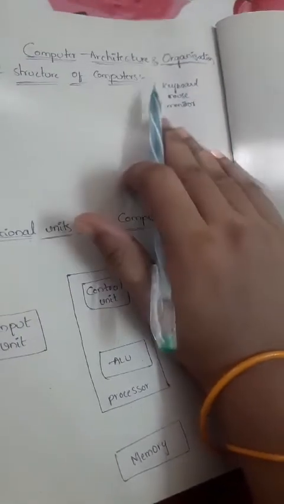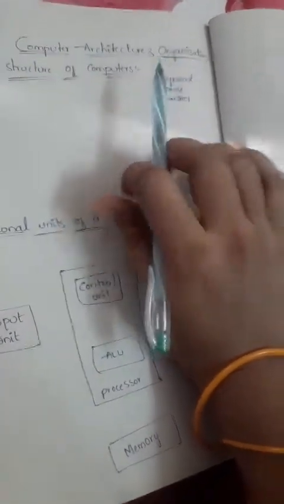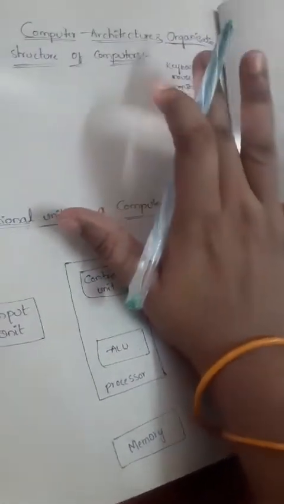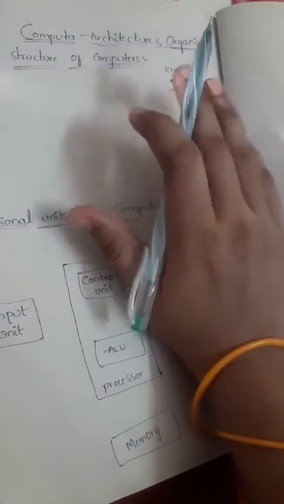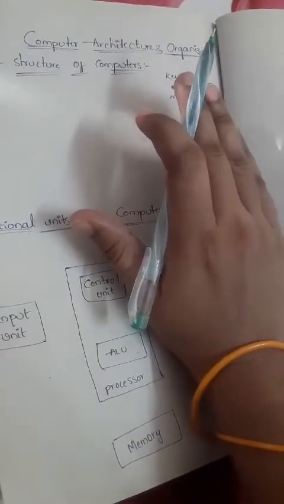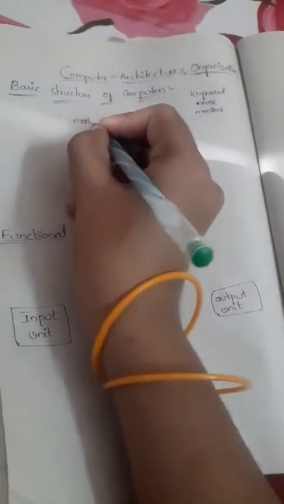When I say internal parts, what is the meaning of internal parts? Internal parts of the computer are the motherboard, RAM, cache memory, or ROM.